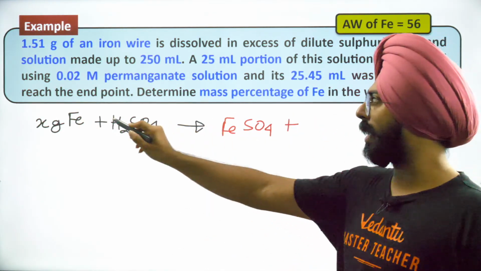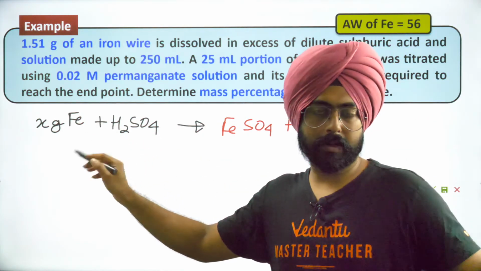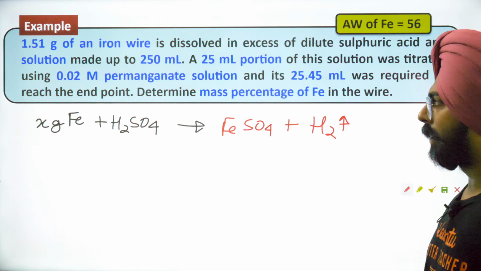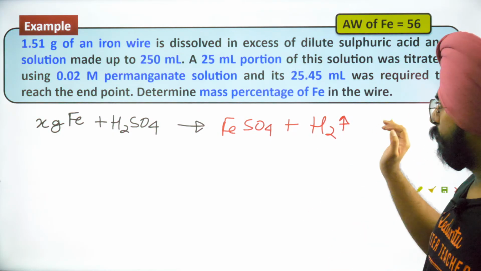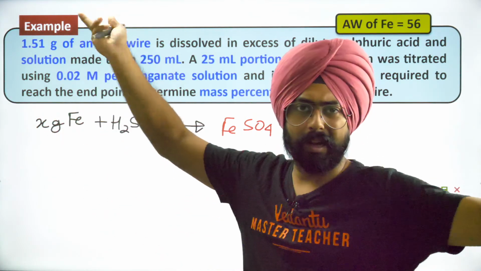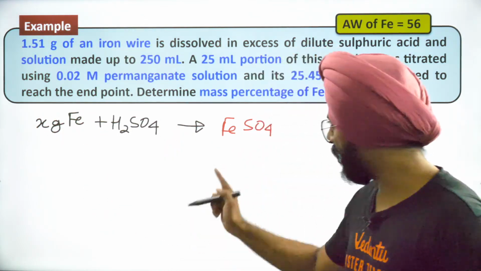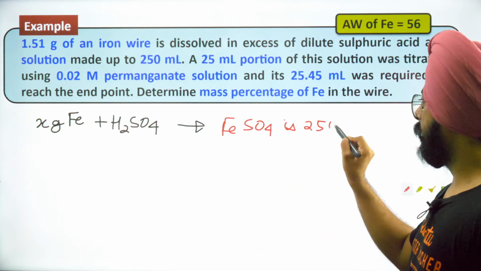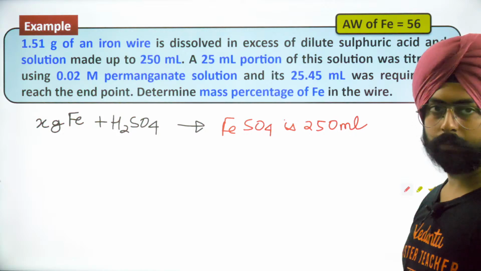You know what happens when metals are reacted with acids? Hydrogen gas is liberated. So hydrogen gas will leave away. You basically end up with an FeSO4 solution that has some X grams of iron in it. This FeSO4 solution is 250 milliliters.